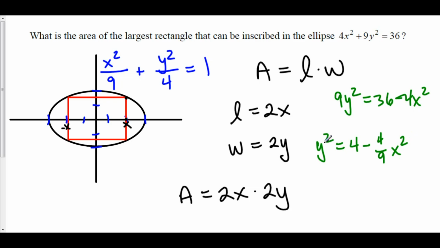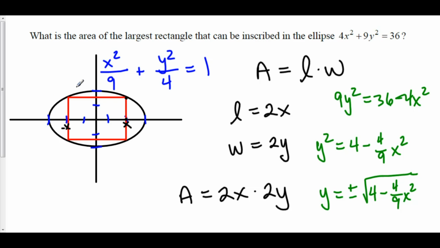And finally, we can take the square root of both sides. So y is equal to plus or minus the square root of 4 minus 4 over 9 x squared. Now this plus or minus refers to the arc that is above the x-axis, that's the plus side, and the arc that is below the x-axis, that's the minus side.